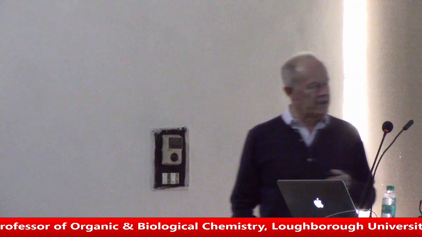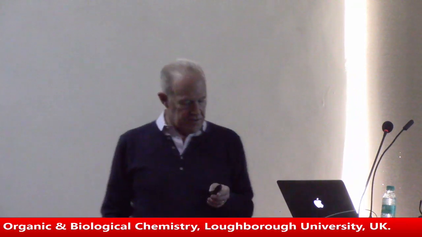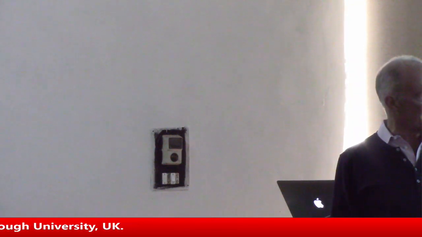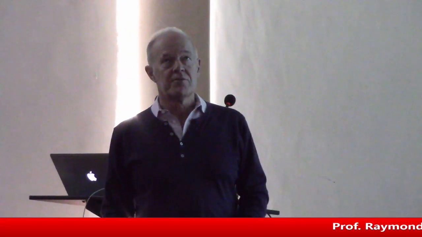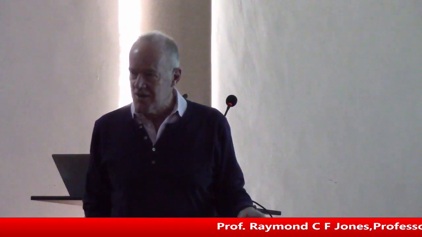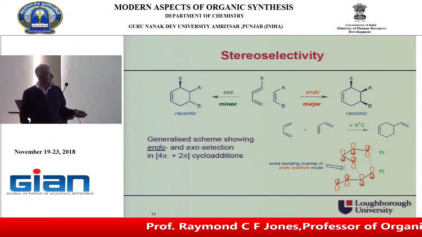Okay, so what I think is the best way of explaining it is that there is a good orbital overlap between a substituent on the dienophile, in fact, it's the first atom of that substituent. I keep saying it the wrong way around. I apologize if I say these things wrong.